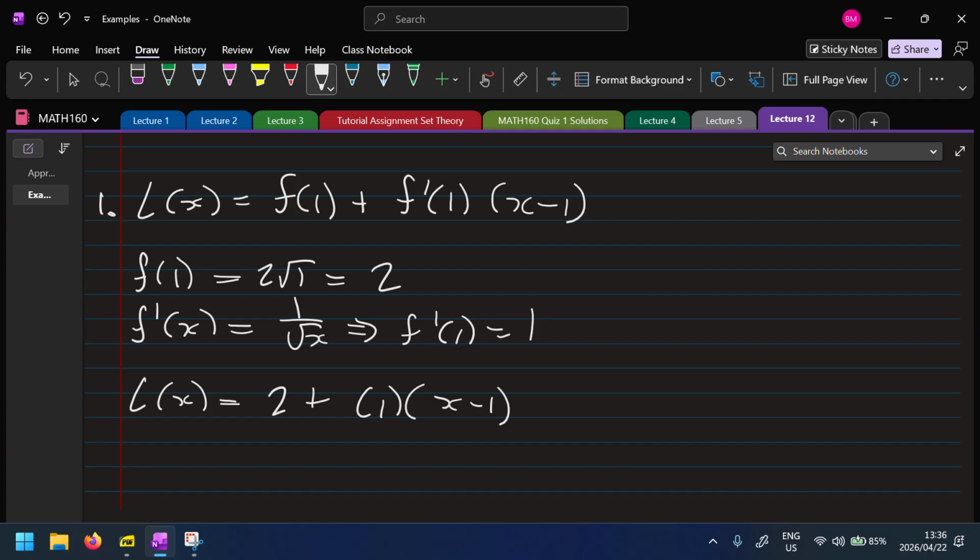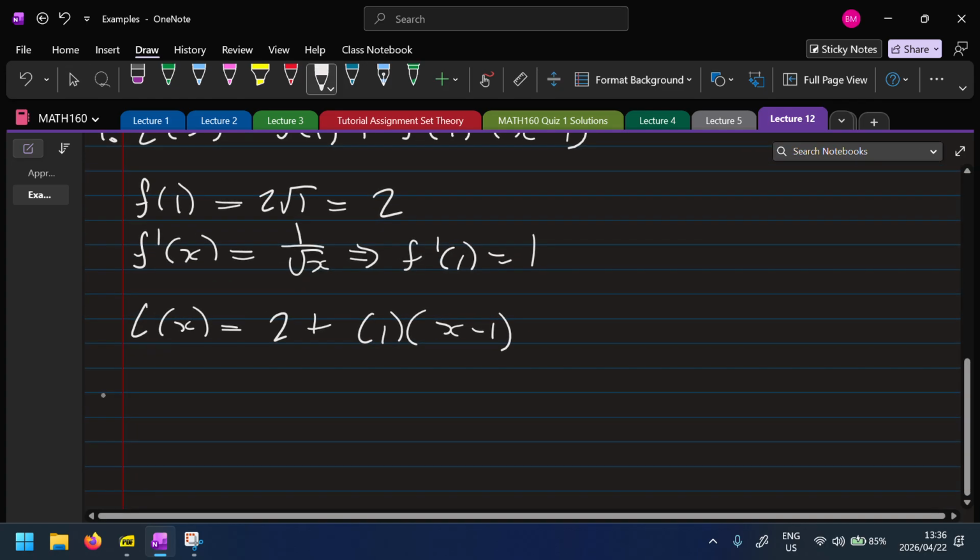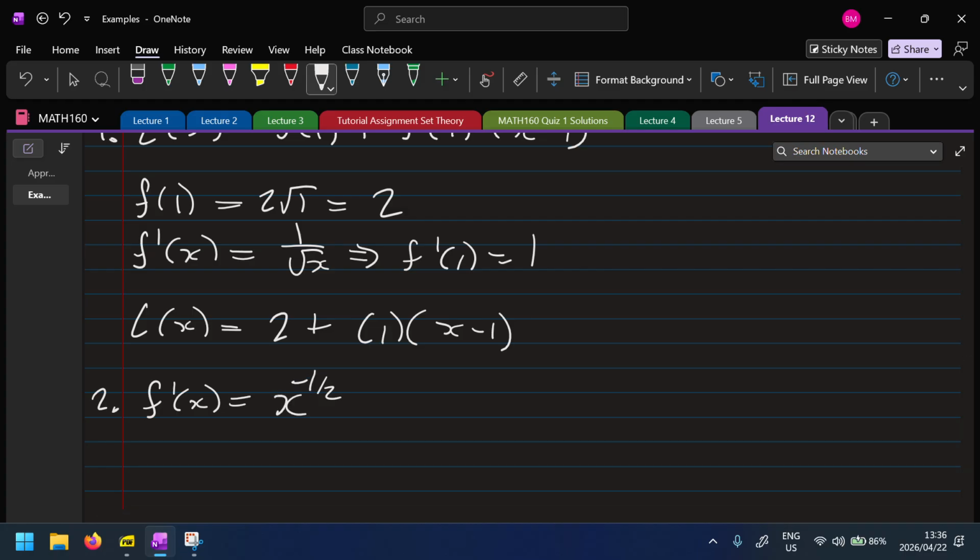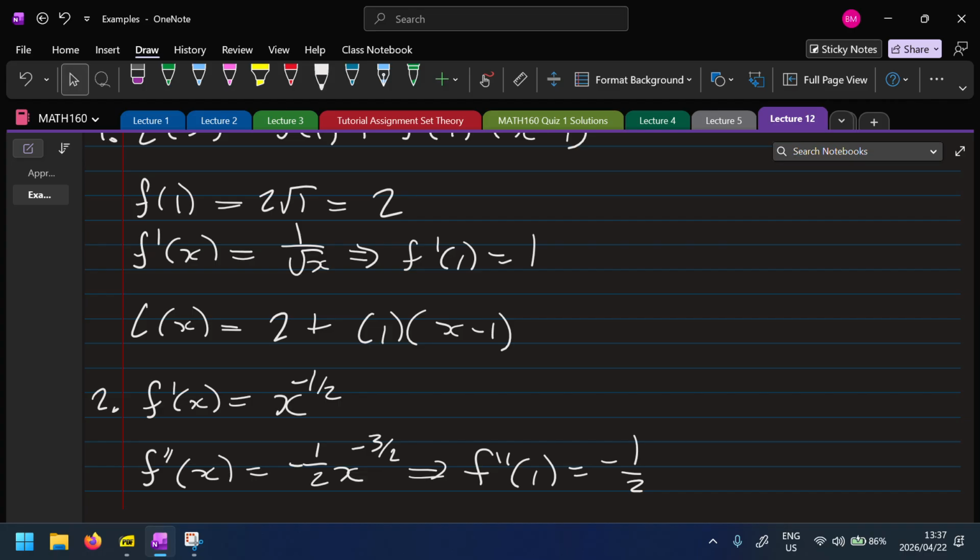Now, for number 2, that's the quadratic approximation. In that case, we need the second derivative. So f prime, let's write that as x to the minus a half. We need f double prime, so take the minus a half down. So f double prime at 1 will be minus a half. And we just substitute.